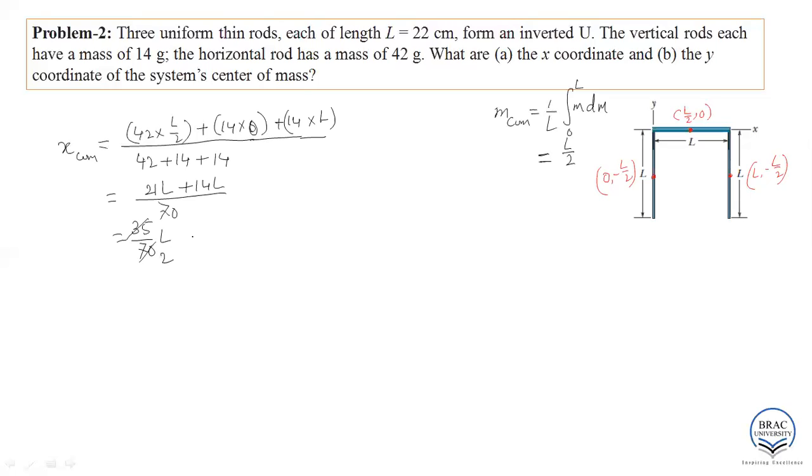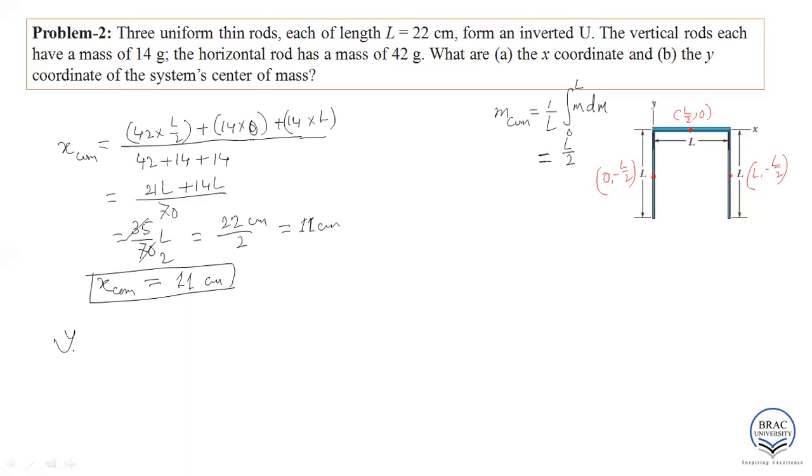We can write this as L equal to 22 centimeter divided by 2, that means it is 11 centimeter. So we get the x coordinate of the center of mass is equal to 11 centimeter.